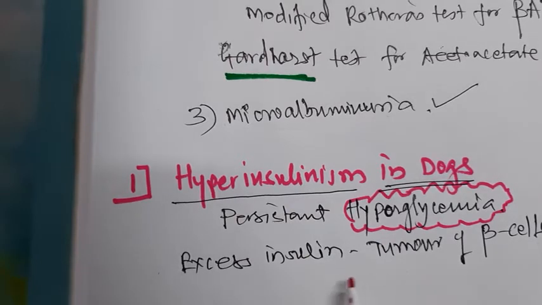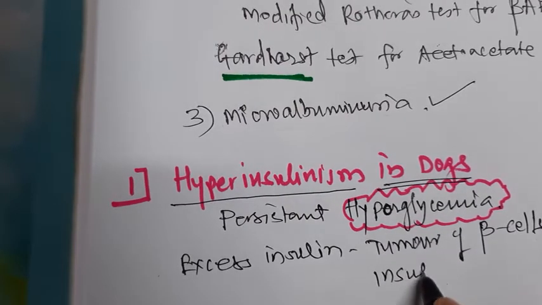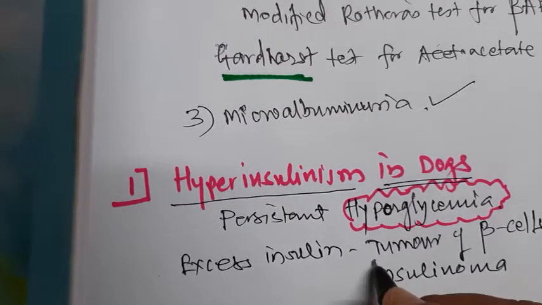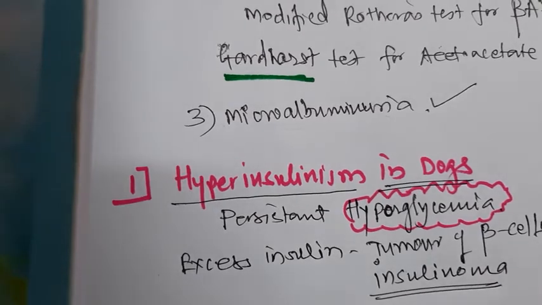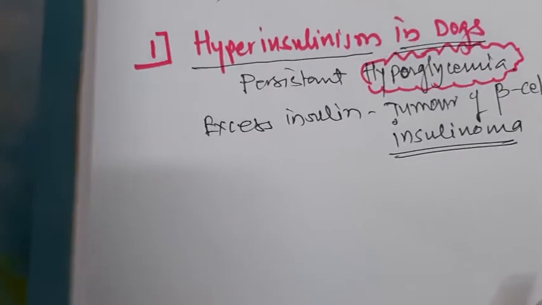This excess of insulin is because of a tumor called insulinoma. Insulinoma is a tumor of the beta cells of the islets of Langerhans, and because of this there is an excess secretion of insulin.